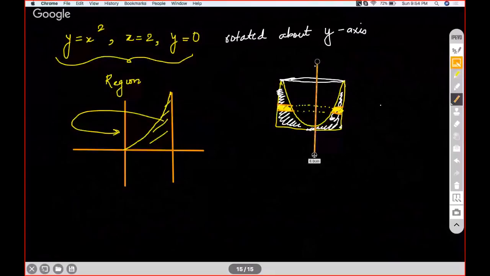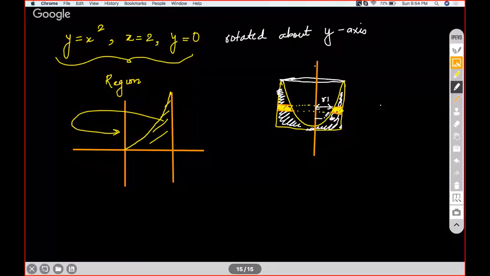This one will be your R1. So will R2 just be 2? R2 will be 2, absolutely.